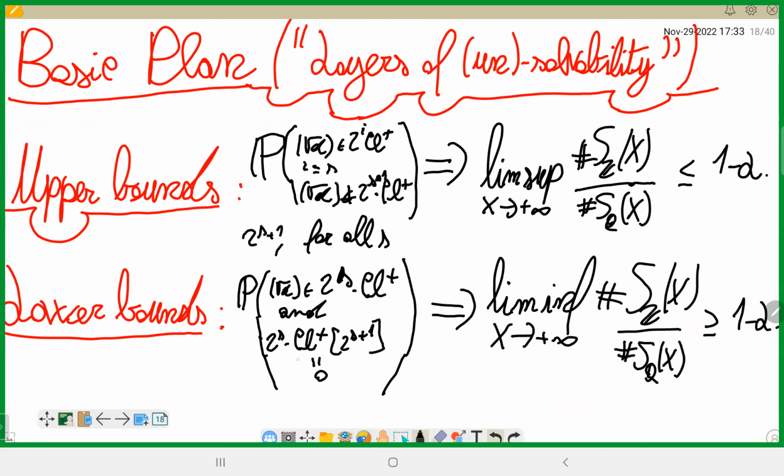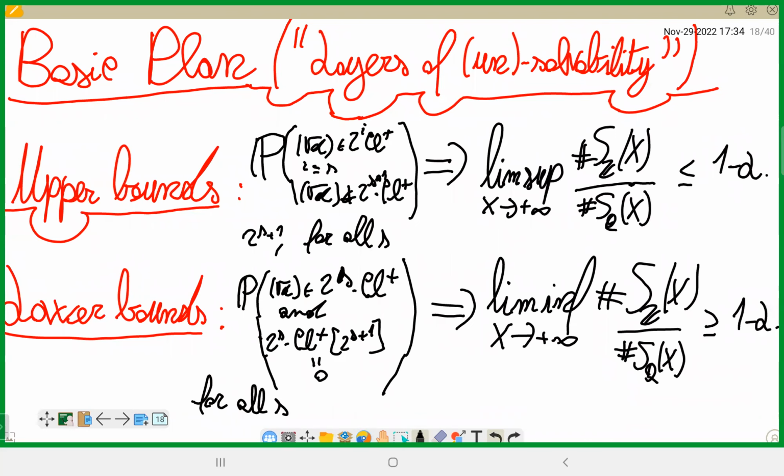So this is contributing to the lower bound. And if you do it for all s, you get better and better lower bounds. And then in the limit, you get the lim inf is at least 1 minus alpha, and in total you find out that the limit is exactly 1 minus alpha.